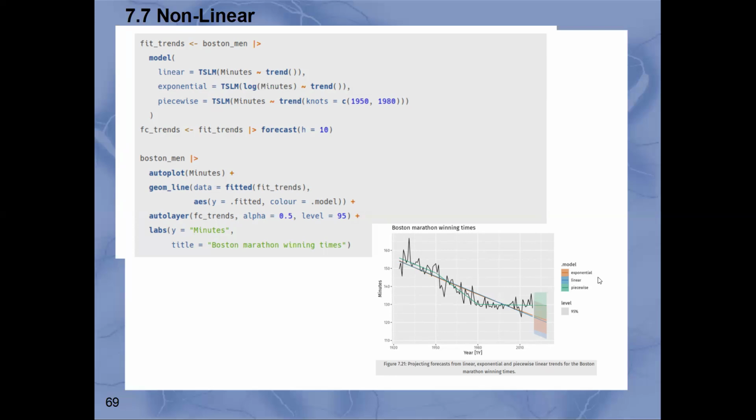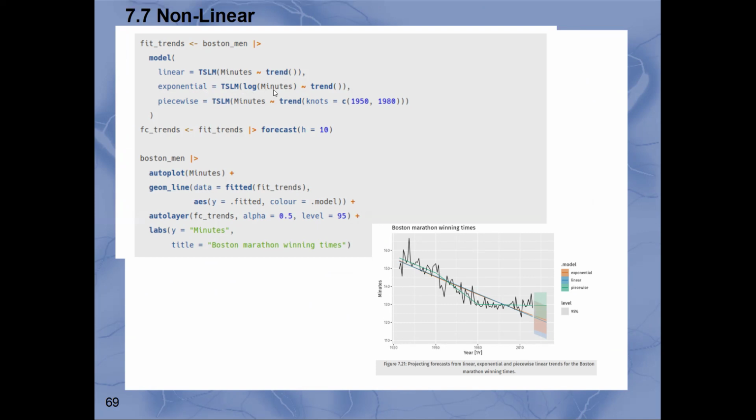The models we're going to use are linear, exponential, and piecewise linear. And we've plotted all three of them here. And what we see is that the piecewise one did the best. So we have the linear, which just uses the trend.